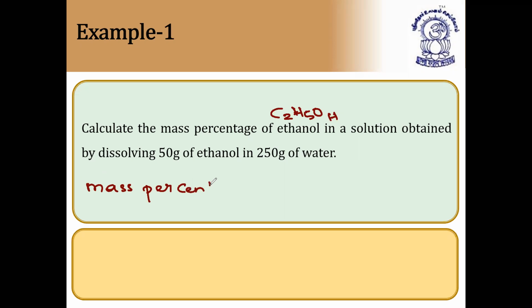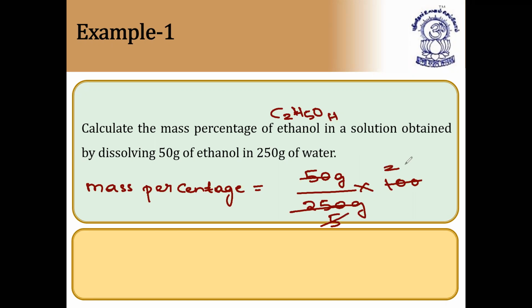Mass percentage is equal to mass of the component of the solution, that is ethanol, 50 grams, 50 by 250. Total mass of the solution is 250, into 100. By substituting this value, you'll get the answer. You can calculate easily, 1 by 5, that is 100 by 5, that is 20. So 20 is the mass percentage. So 50 grams of ethanol in 250 grams of water is 20%. I hope it is clear now.